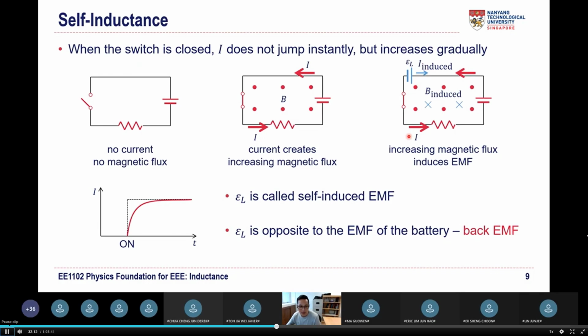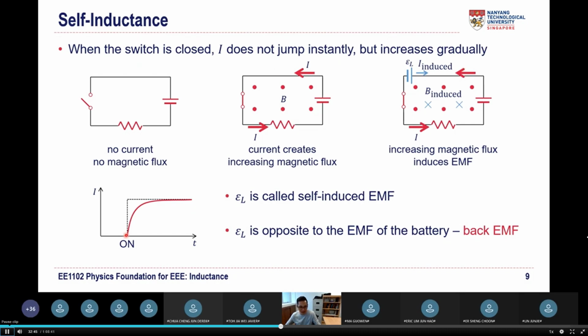So if I draw how the current is going to flow inside this circuit, this is the part where the switch is open. Now I close the switch, so I switch it on, right? And then the current doesn't immediately jump up. That is because when we close the circuit, there is this induced EMF created, and that creates induced current, which opposes the flow of the current in this direction.